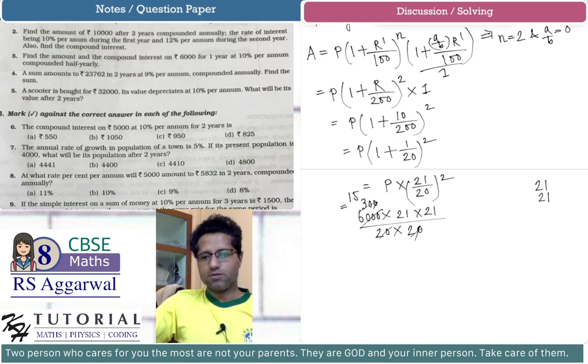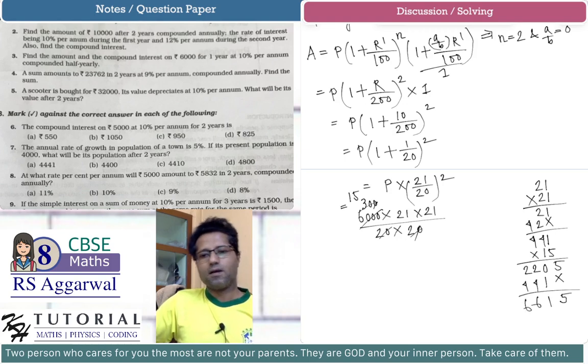I do not remember, so I will do the multiplication. 21 multiplied by 21. This is 441. And then we have to multiply again with 15.